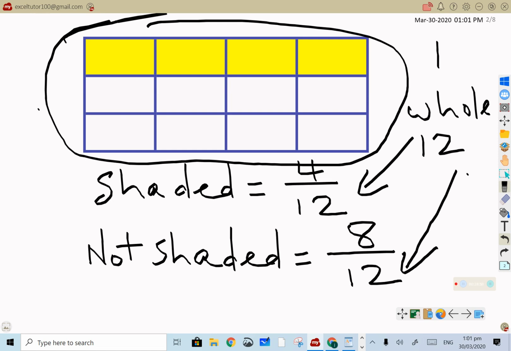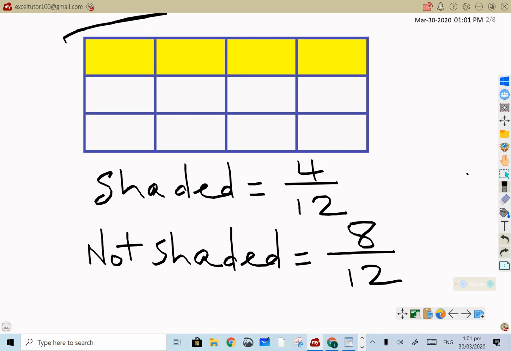And the other parts that are either shaded or not shaded will be our numerator. So 4 parts are shaded, so that will be our numerator. 8 parts are not shaded, so that will be our numerator for that question. Okay, so it is pretty easy.